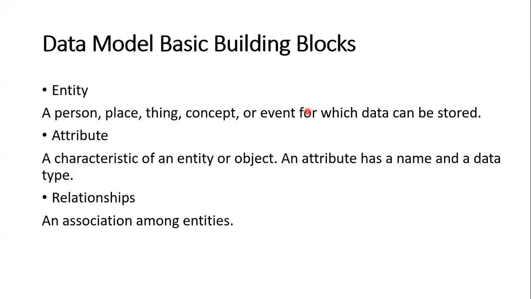So what characteristics does mother have? Can somebody tell me what characteristics mother has? You can also say it in the chat. If we take mother as an entity, what characteristics does mother have?